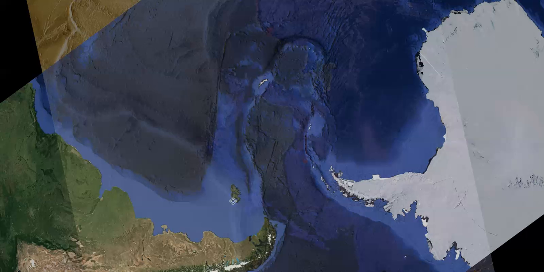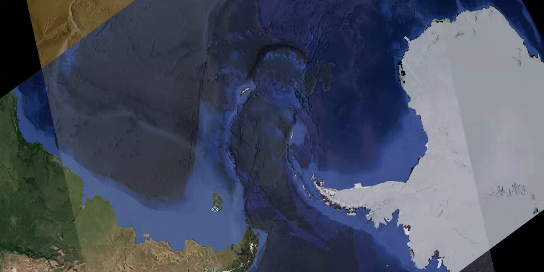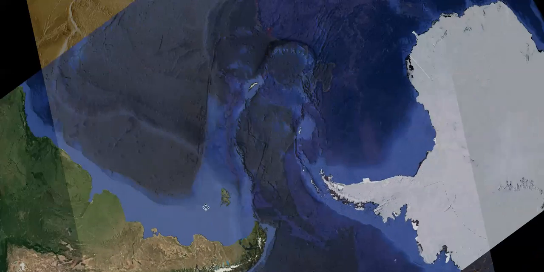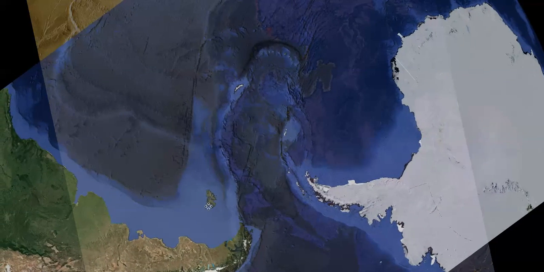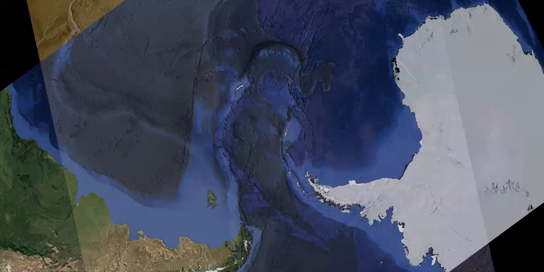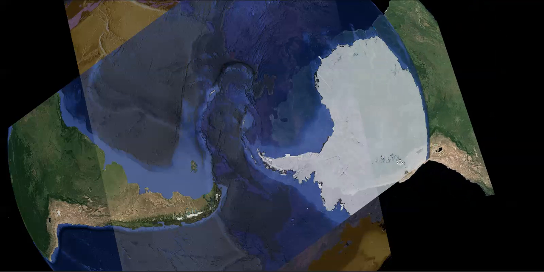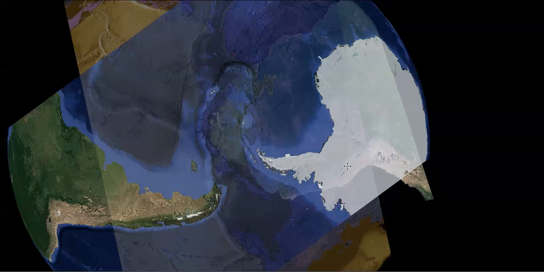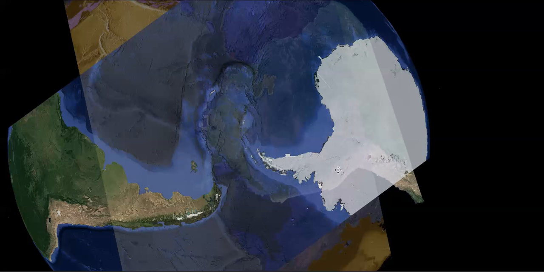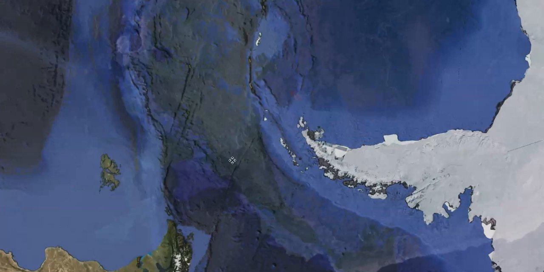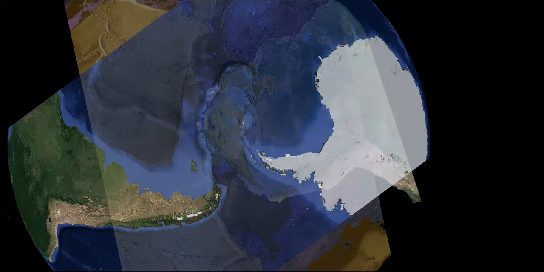Now, how many places of the planet have I shown line up? I think four now. Four different places. Okay, and then watch, check this out. Here comes South America. Fitting like a glove. Let me get rid of the one layer.